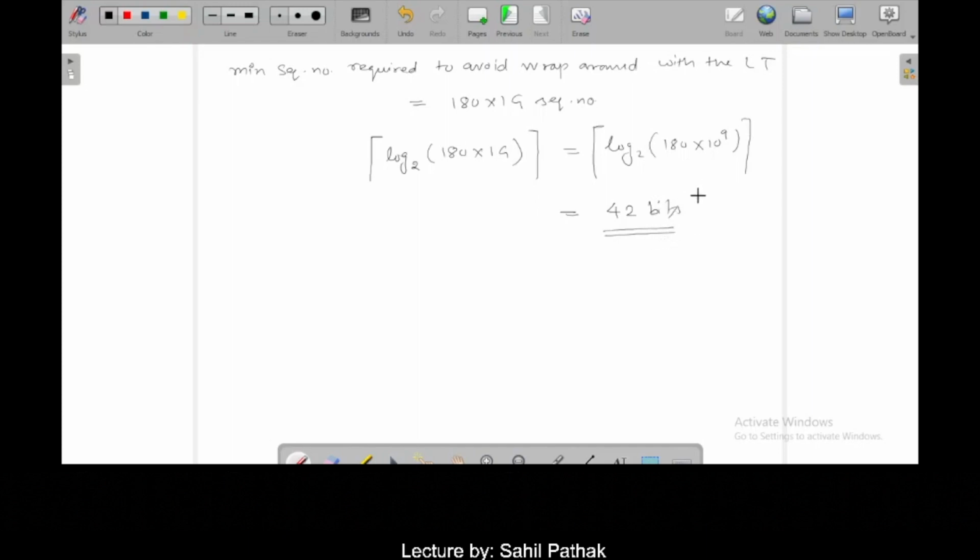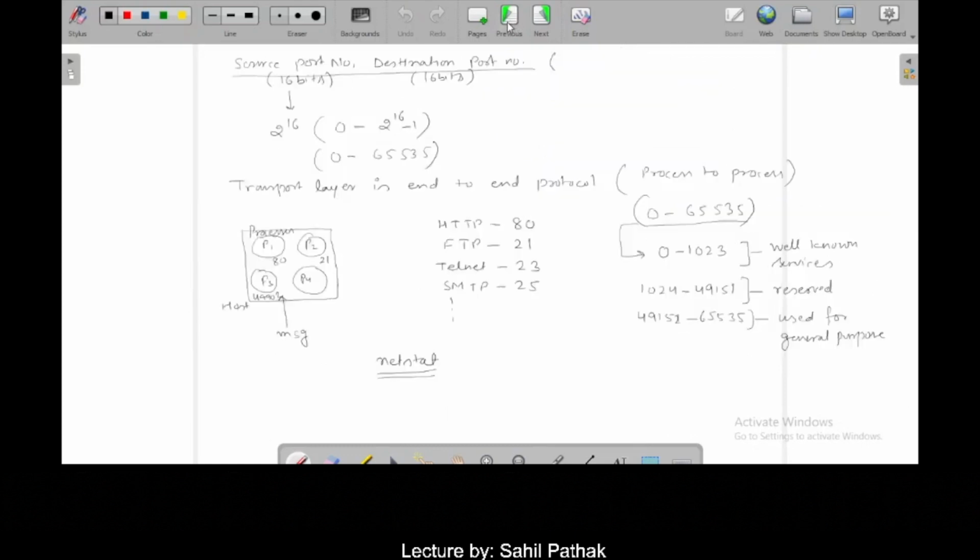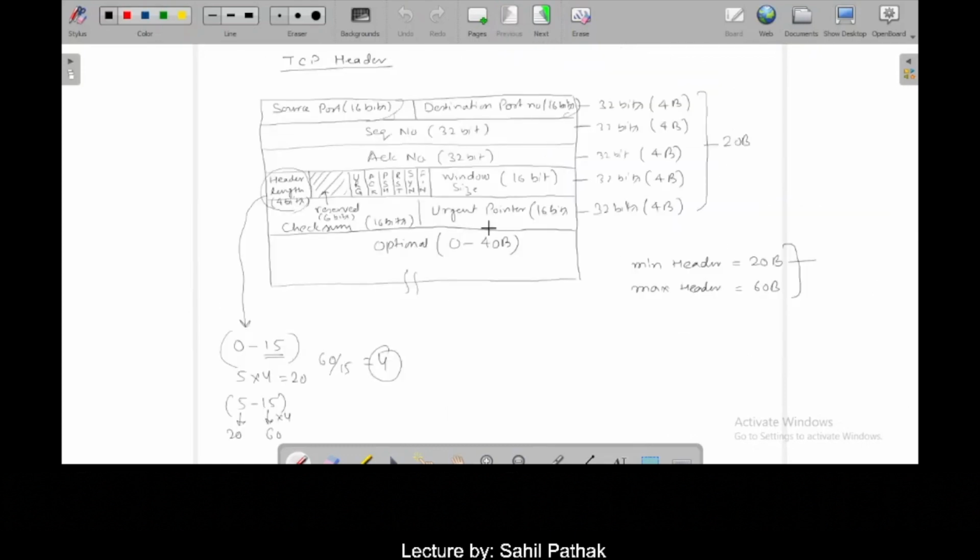That means if I reserve 42 bits for the sequence number in the header, then there would be no problem. But you can see in the TCP header, for the sequence number we have only 32 bits and we require 42 bits.